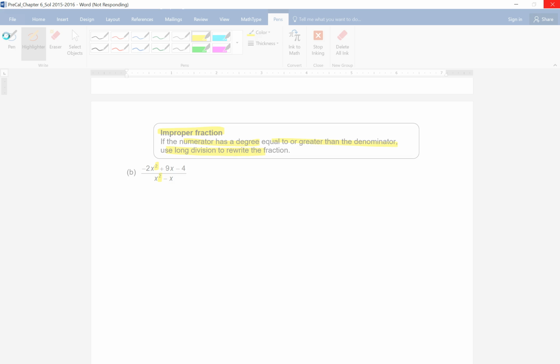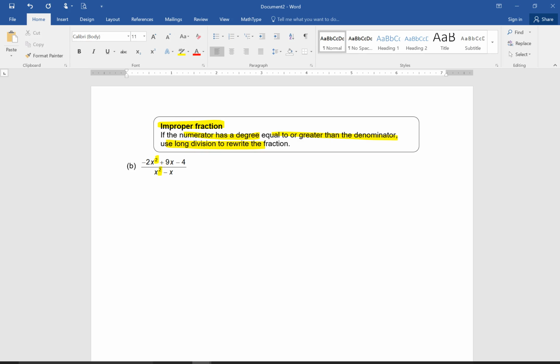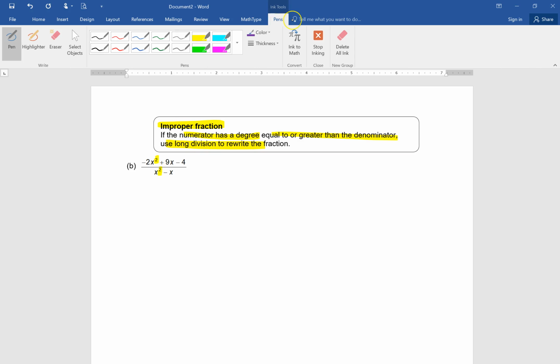So let's do long division on this one. The denominator is the divisor. All right, so here we go with long division. We have the x squared minus x here.